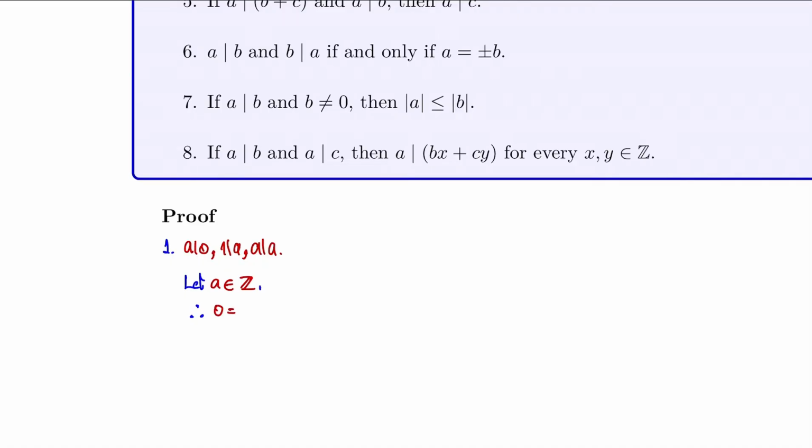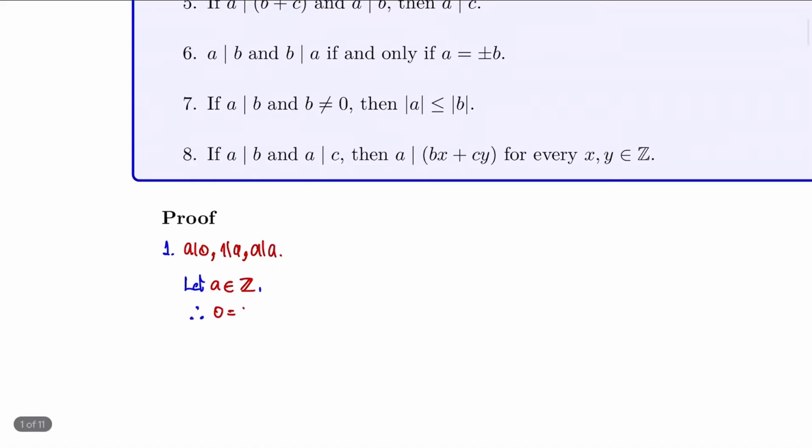As we can see, you can write 0 equals 0 times a if you consider 0 and a.